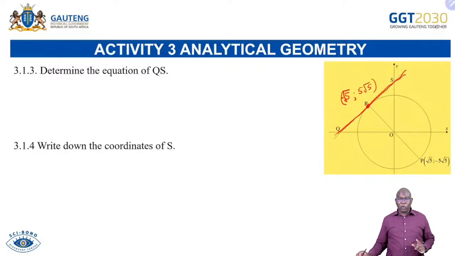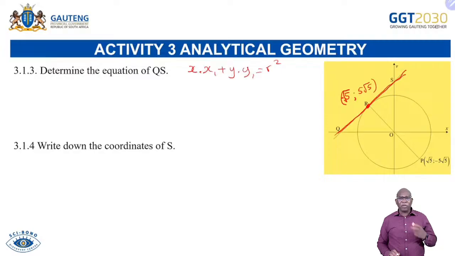Now, this is what I'm going to do. I'm not going to use another formula, and please note this formula, very, very important. I already have the equation and the radius squared, so I can use this formula: x times x1 plus y multiplied by y1 equals r squared.